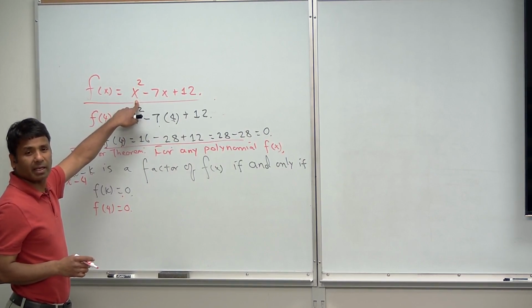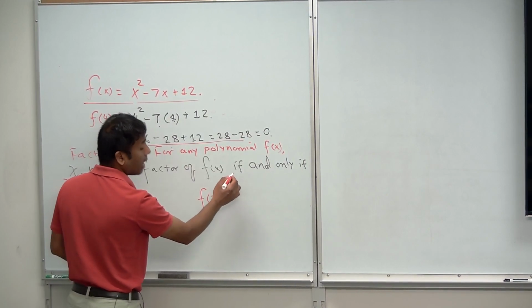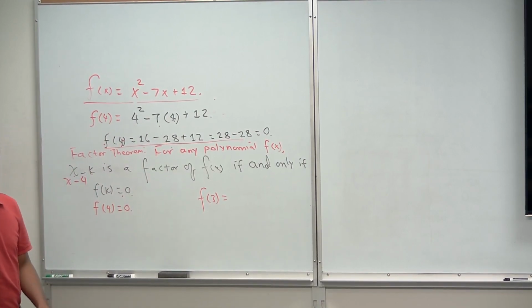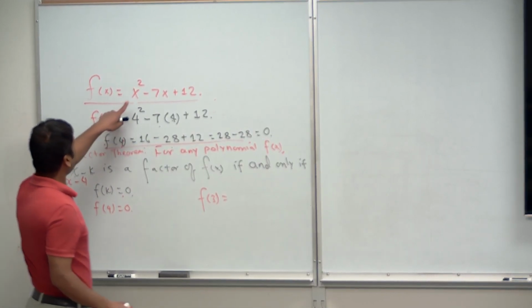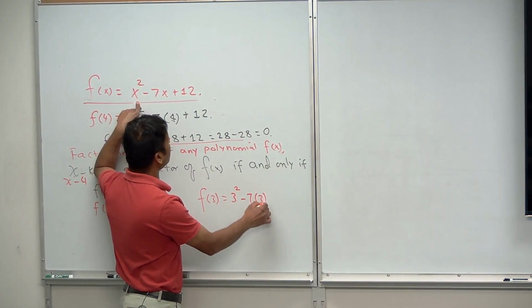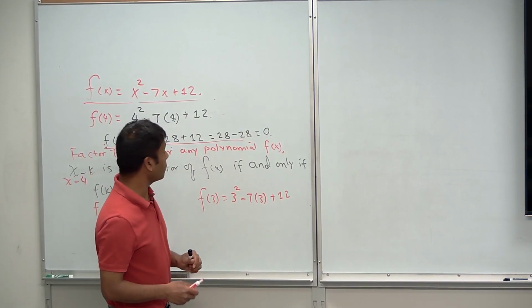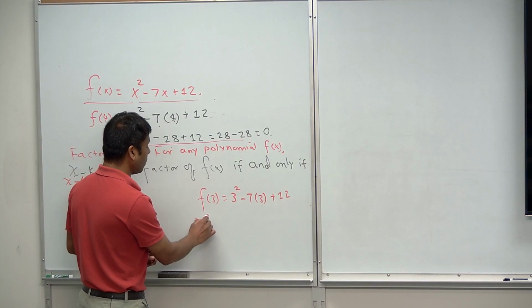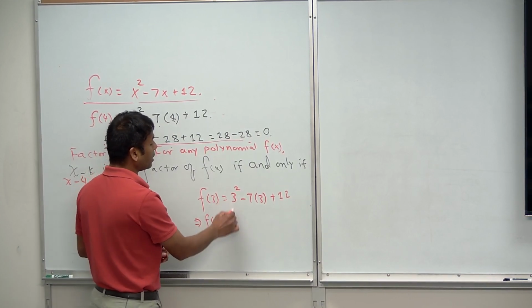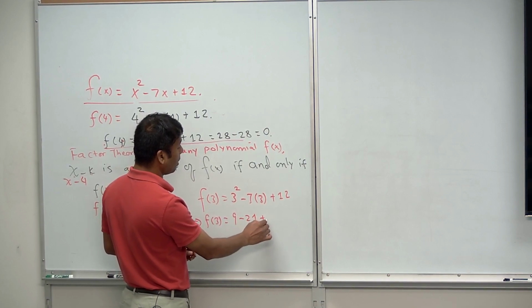That makes sense? And similarly, look here. Let's evaluate f of 3. You plug in 3 here, okay? So this is 3 squared minus 7 times 3 plus 12. So that will give you f(3) equals 3 squared is 9, minus 7 times 3 is 21, plus 12.